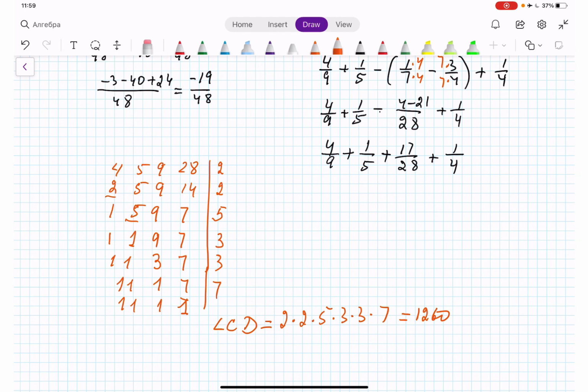Okay, now let's bring all these fractions to the common denominator and see how much we will get. 1,260 divided by 9 is going to be 140. 1,260 divided by 5 is going to be 252.